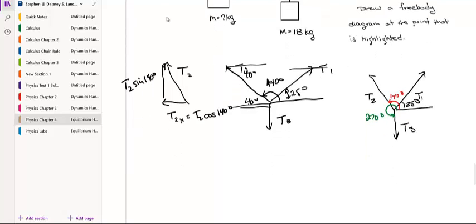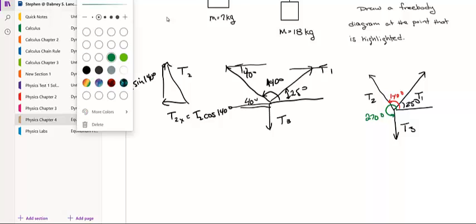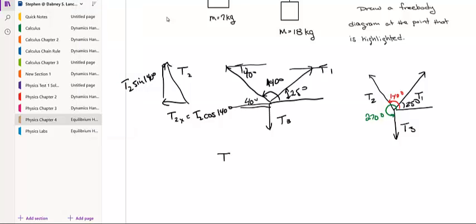And what happens is all these three force vectors have to add up to a zero force vector, or all the components have to add up to 0. The x components have to add up to 0, and the y components have to add up to 0. And what we said was that T1x was equal to T1 cosine of 25 degrees, because that's the horizontal.